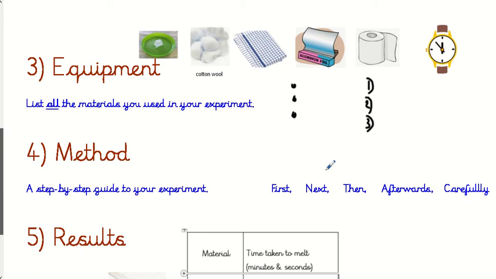You might decide that you're going to use a number system. Say, first I did this, then I did this. Afterwards, there are some useful adverbials for your writing here. Again, you might decide to pause the video at this point and focus on your equipment and method.